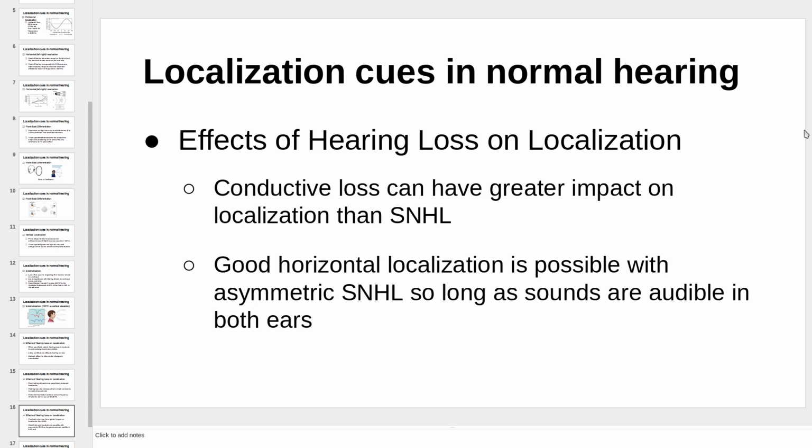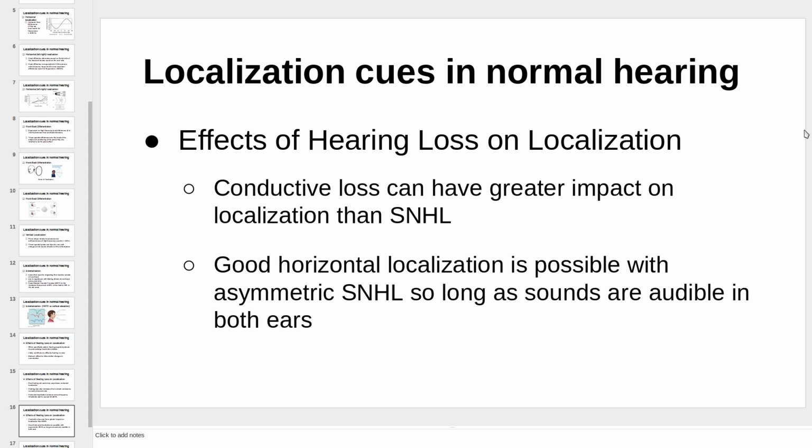In that population you would think they would have very poor localization abilities, but they can actually do okay because the brain has adapted to the different sensation levels between the two ears. But the key thing is, if in the poor ear the signal's not audible, they're not going to be able to localize it in the horizontal plane. So it has to be audible in both ears.